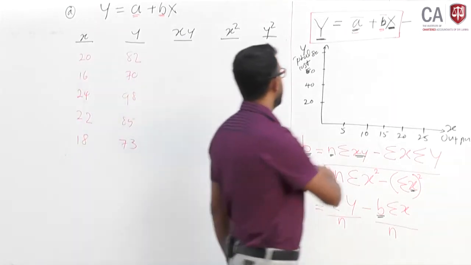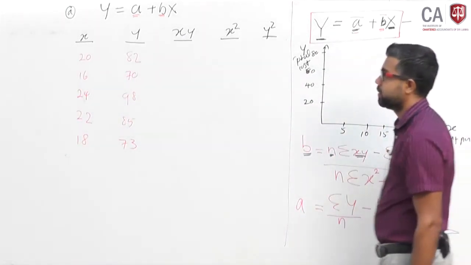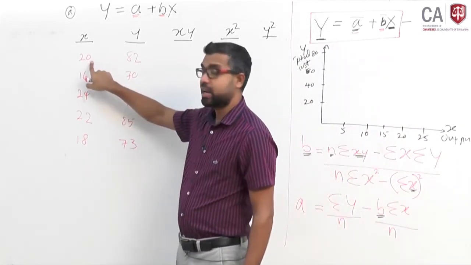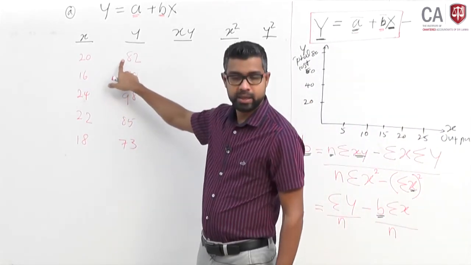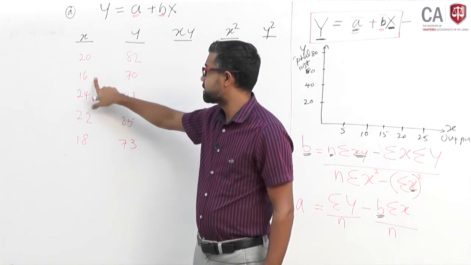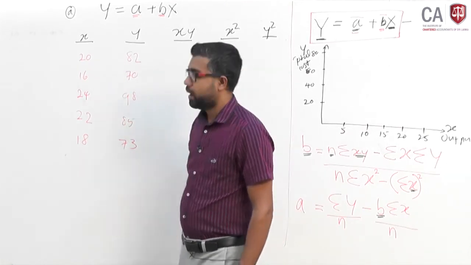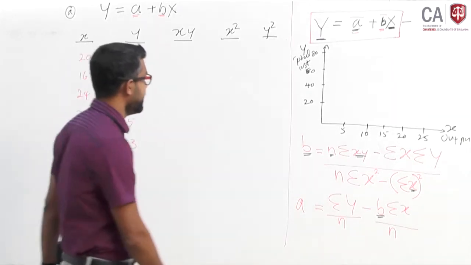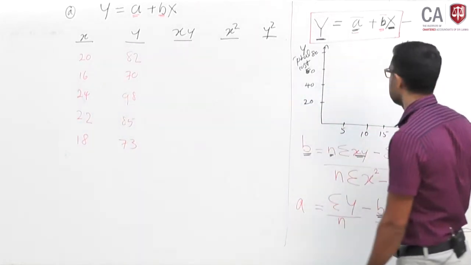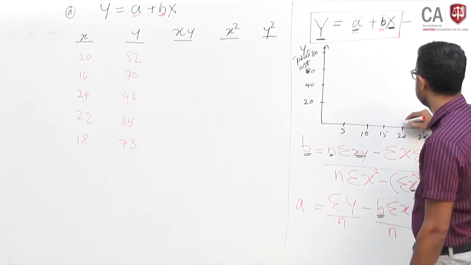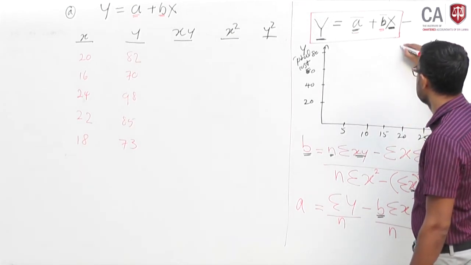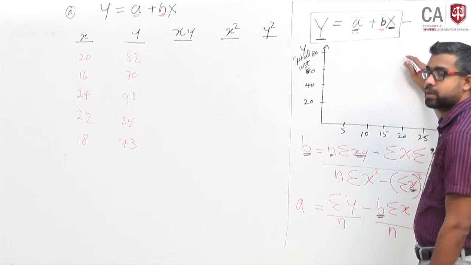So they have given x and y. We can plot these on a graph: when x is 20, y is 82. Right?